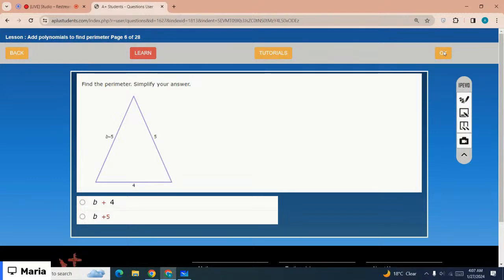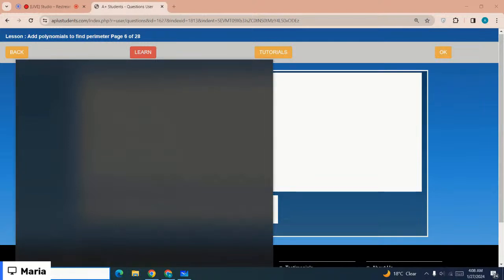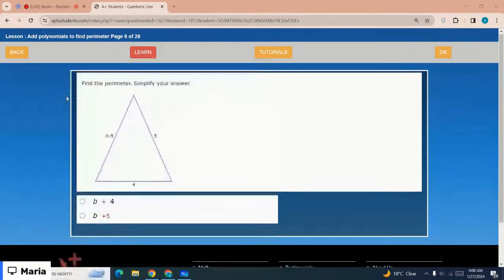b plus 4. Why? Because the first one is b minus 5. When you add them, you need to add all the side lengths. The first one is b minus 5. What happened? I think the interpreter got crashed, if I'm not wrong.